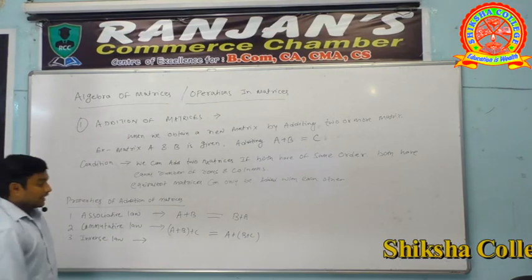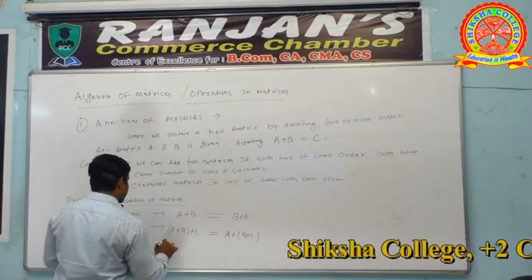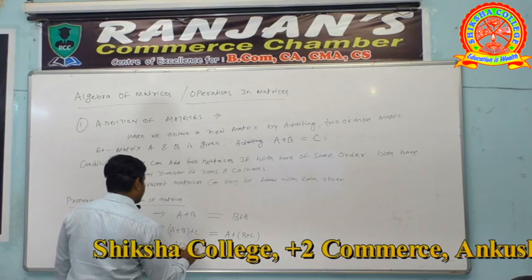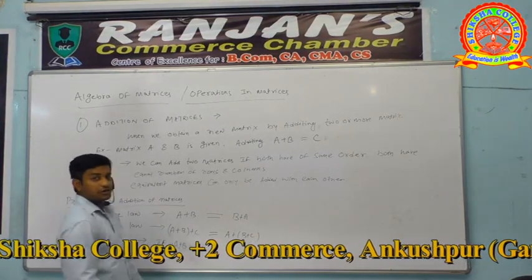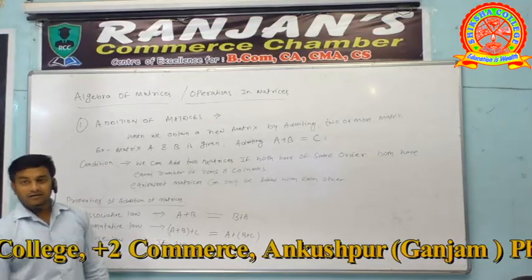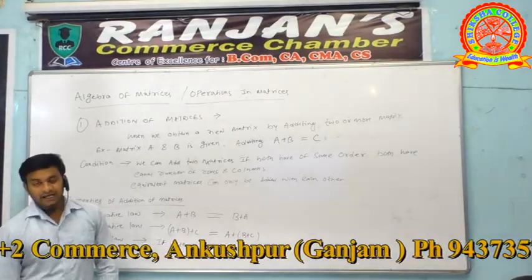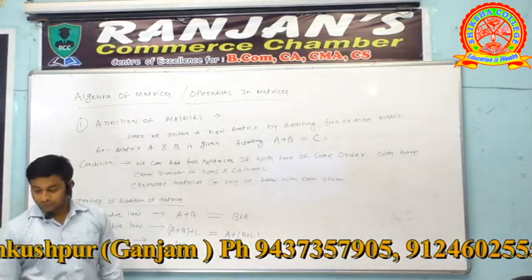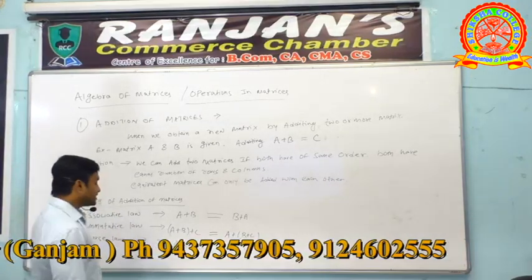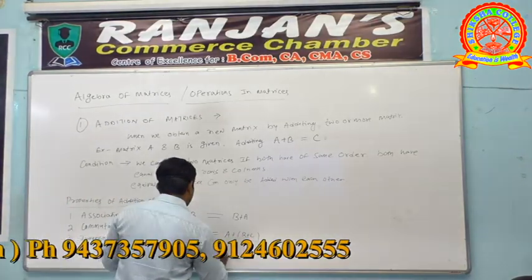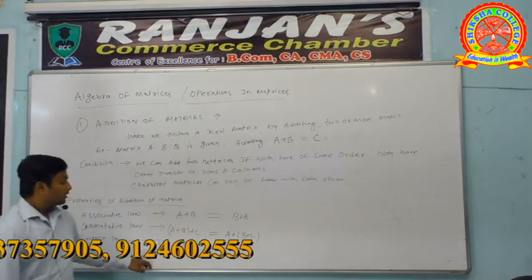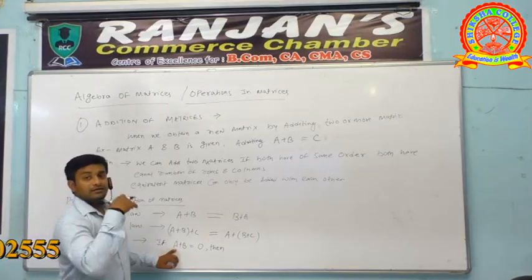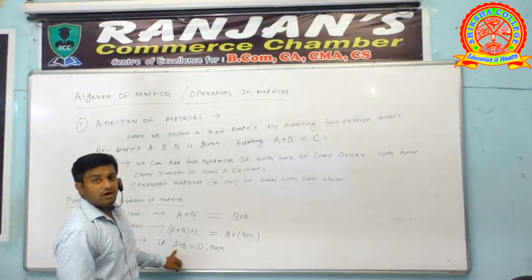The inverse law says that if we add two matrices, A plus B, and we derive the answer 0, then according to the inverse law, A is taken to the other side with 0. Then A is equal to minus B, as B goes to the other side.